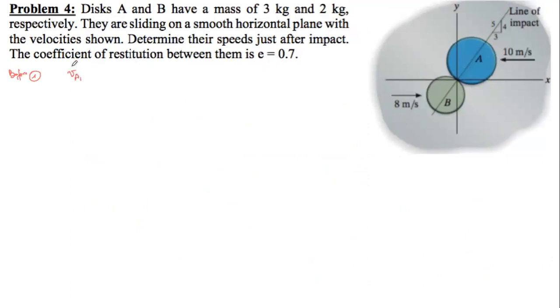I know that VA1 has two components: minus 6 i hat prime, plus 8 j hat prime. Don't make a mistake in the signs. Please be careful. And VB1 is 4.8 i hat prime minus 6.4 j hat prime.